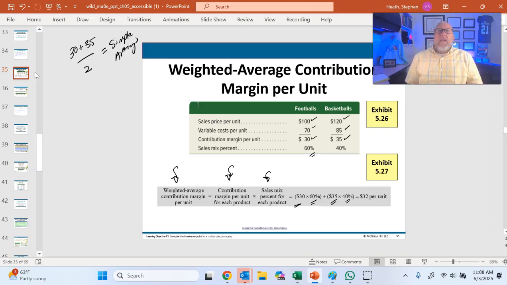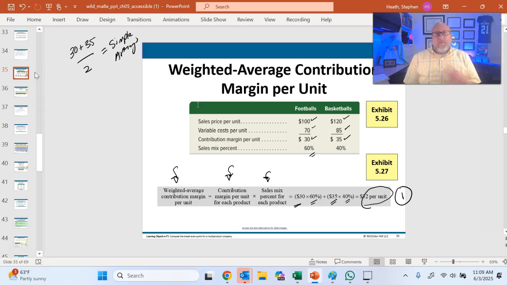And therefore, the weighted average contribution margin for footballs and basketballs, given the 60-40 relationship, is $32 per unit. So that's step one. Step one, when we have multiple products, we're going to first calculate weighted average contribution margin.